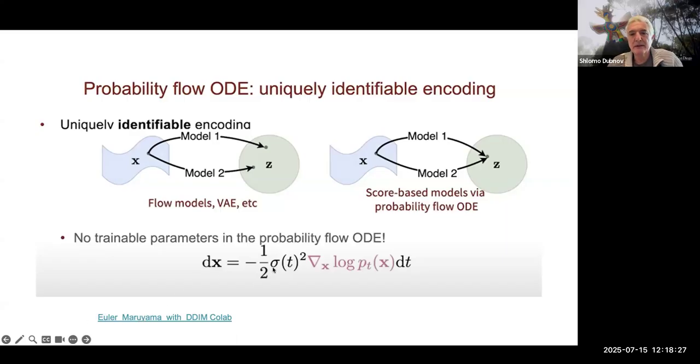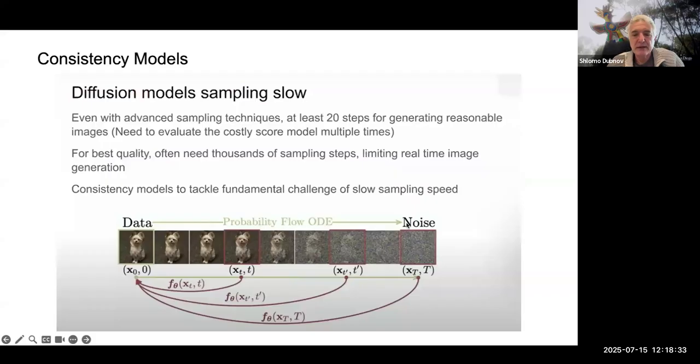Now, we did go through this DDIM example in the previous recording, so I will not repeat it here. But I think it brings together all these concepts into this idea of consistency. So we said that diffusion model sampling takes a lot of steps. Even with some of the advanced sampling techniques, there are still a lot of steps required.